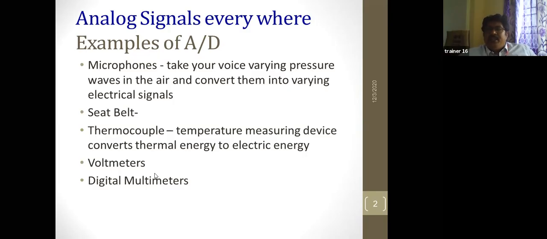We send it to signal conditioning, and then to the A to D converter. The output of the A to D converter is digital only. Analog to digital. That means the analog electrical signal is converted into a digital signal.